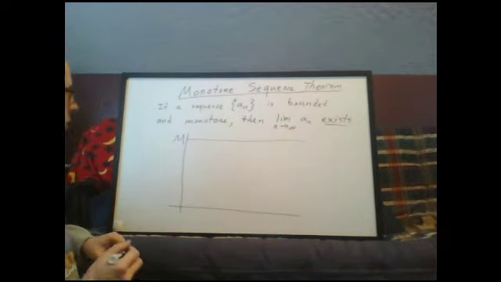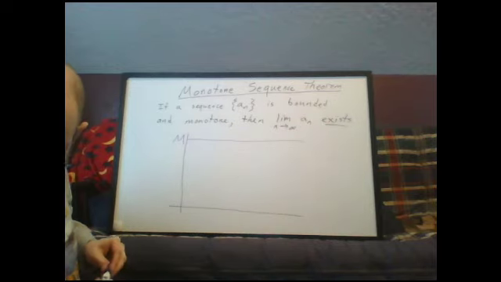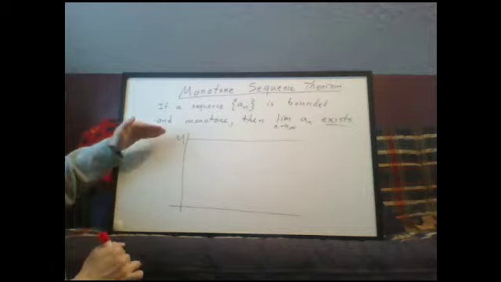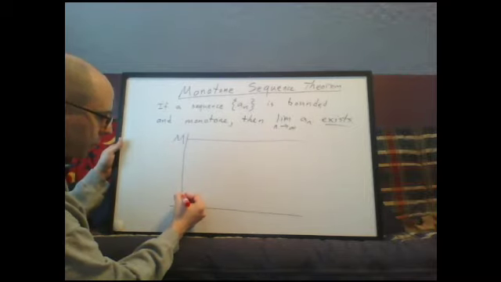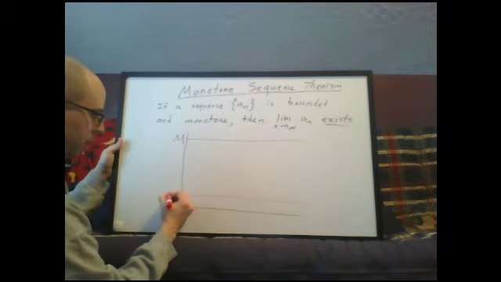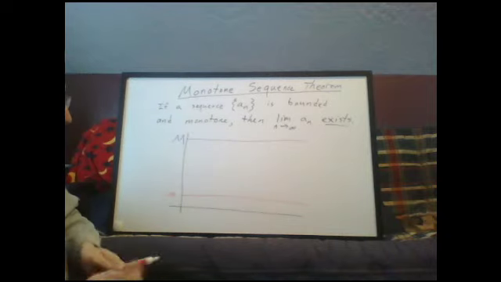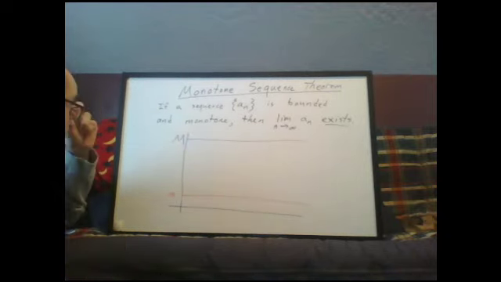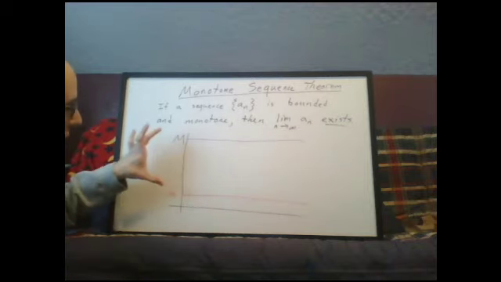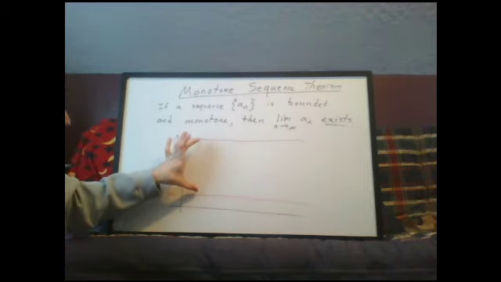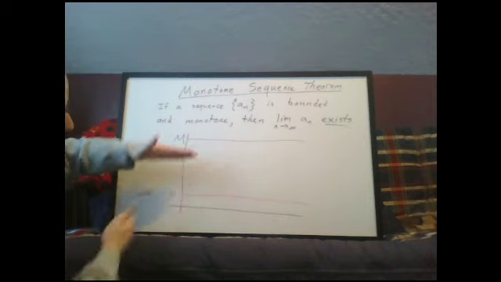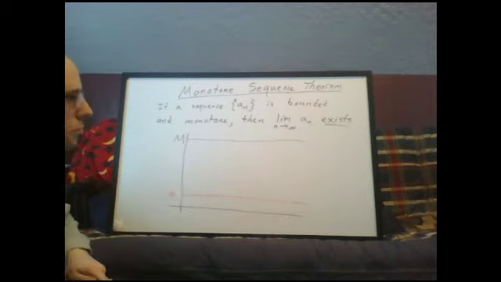All right, so we've got a ceiling at capital M, and we've got a floor at lowercase m. So if it's bounded, then every term of the sequence has to be within these two lines. It can't go above this. It can't go below this.